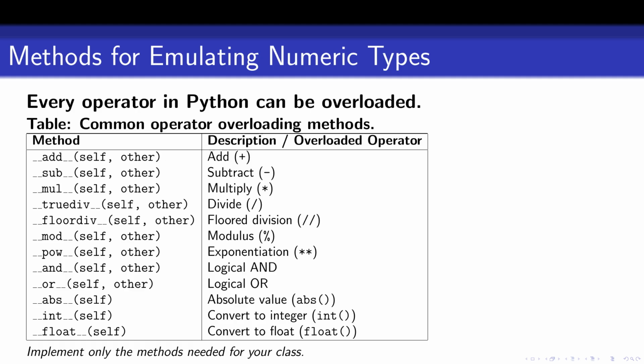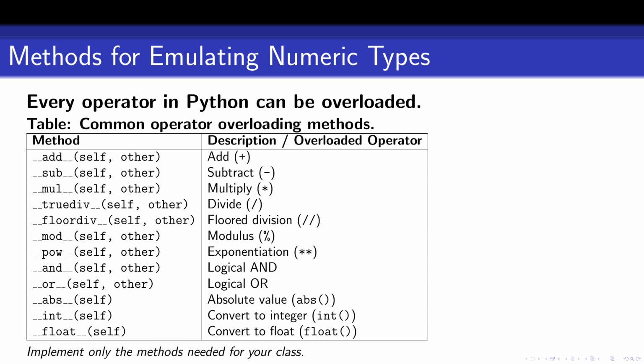Python gives you the ability to customize nearly every numeric operator through special methods. Want to support addition? Use add. Subtraction? That's sub. You can also overload mul for multiplication, truediv for division, and even floordiv, mod, and pow for more advanced math operations.